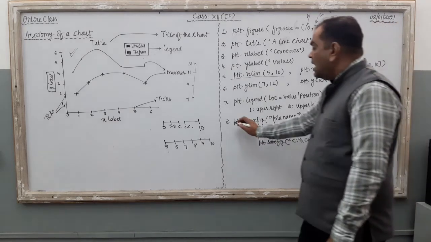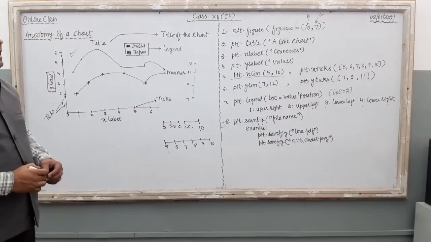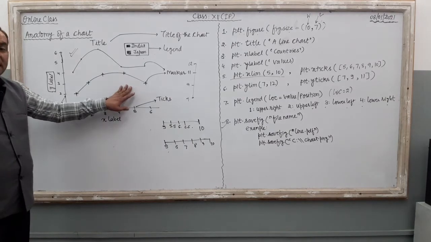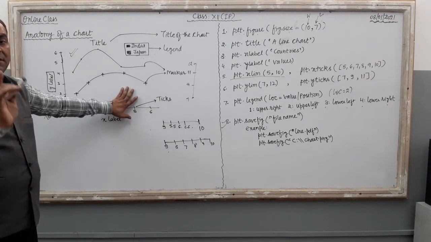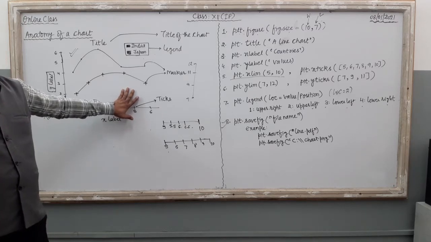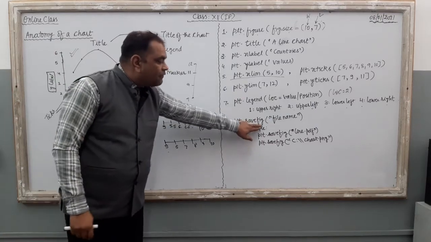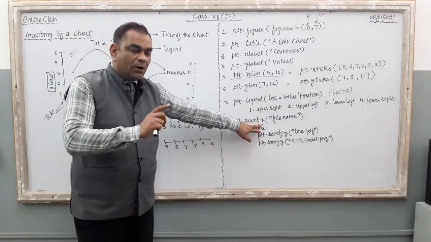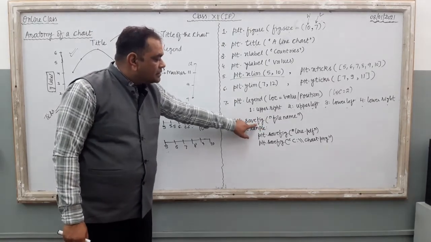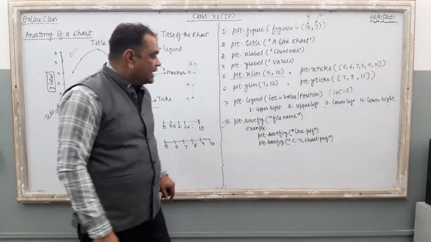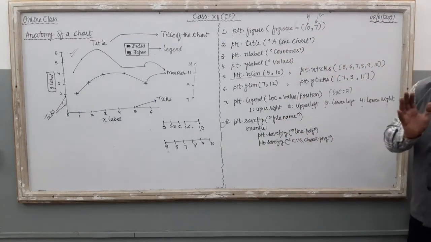Now the last function: if you want to save the output of your chart, you can save it in a specific file inside your hard disk. For saving the chart, the savefig function is available in the pyplot library. Savefig, right? Without space, in small letters. With this savefig function, you have to supply the proper file name.